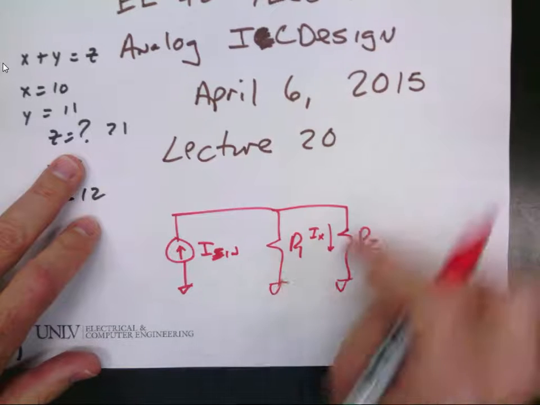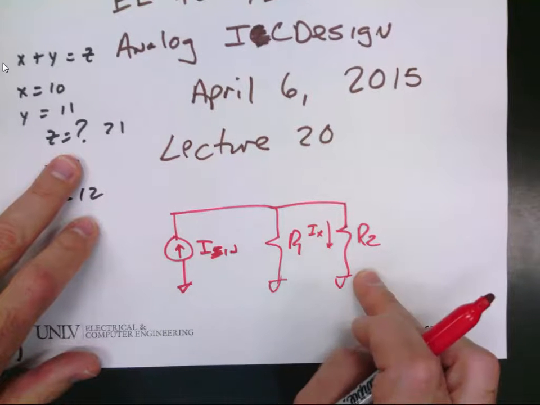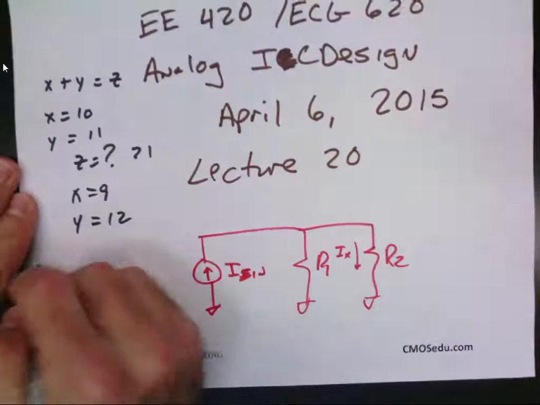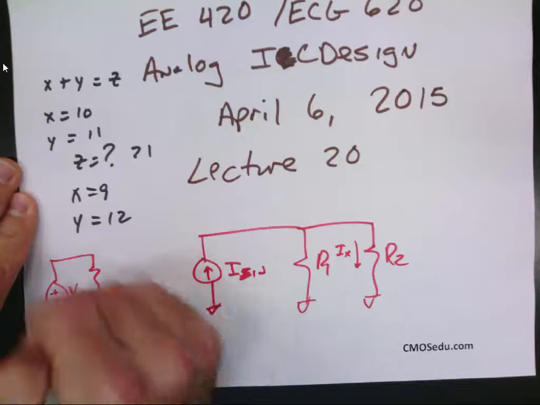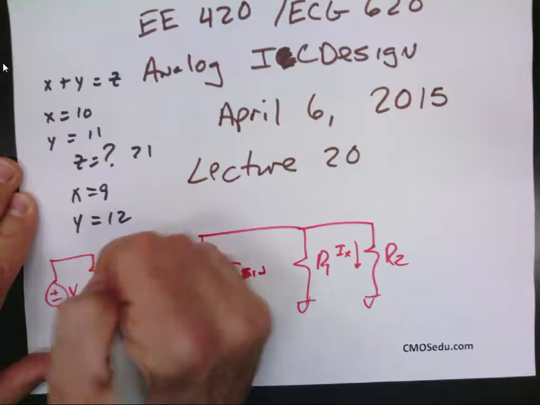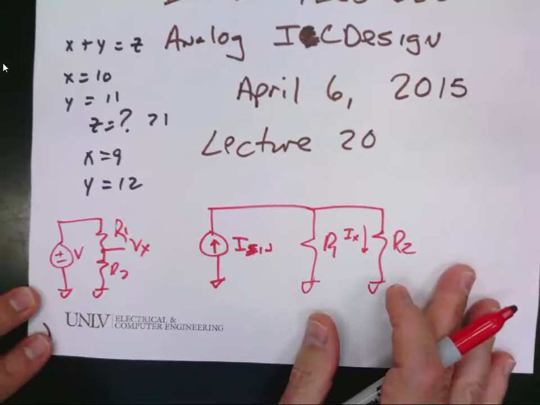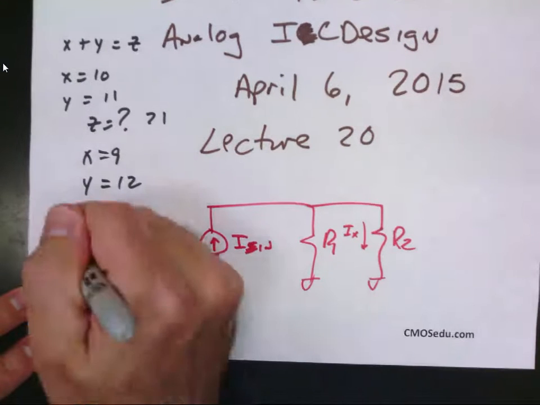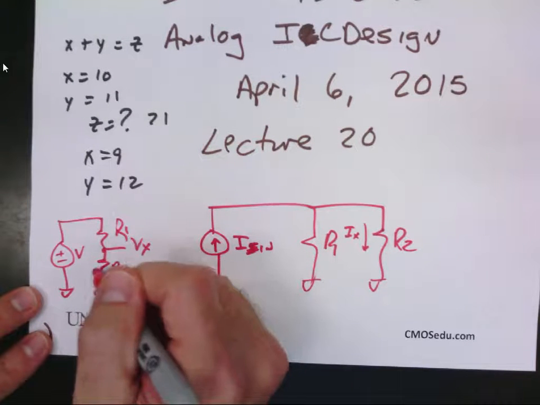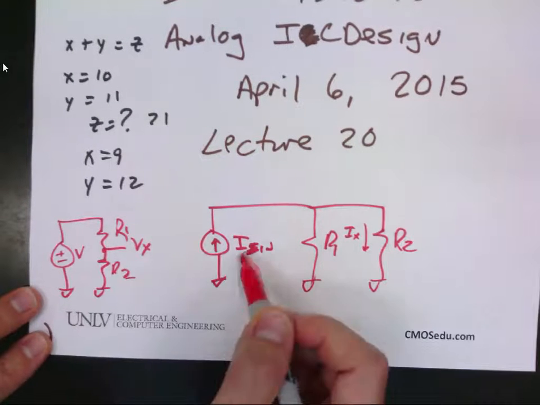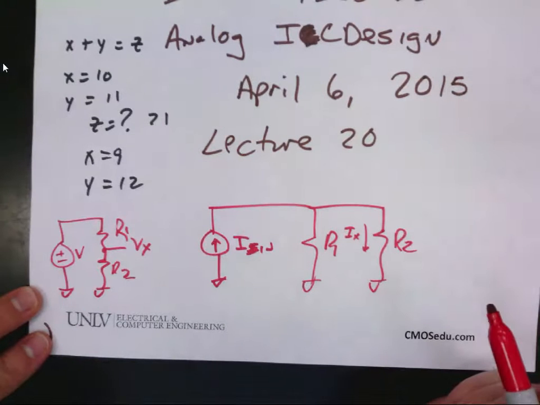IN times the current through here is R1 divided by R1 plus R2. Okay, that's one of these equations just like this one, V. What is this circuit called? Voltage divider and attenuator. Drops an input voltage down. So Vx is R2 divided by R1 plus R2. Ix is IN times R1 divided by R1 plus R2.